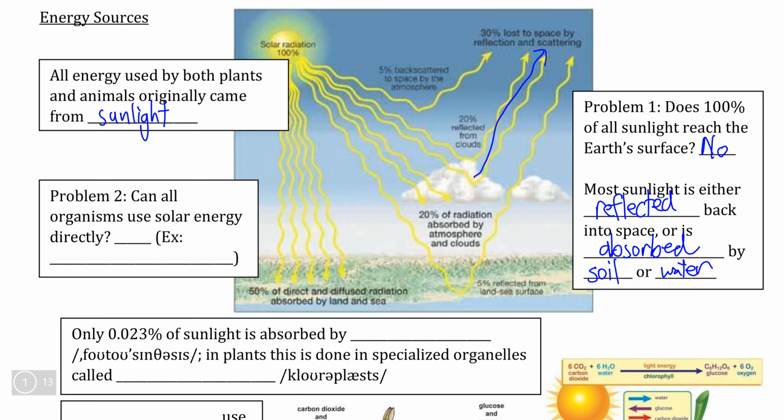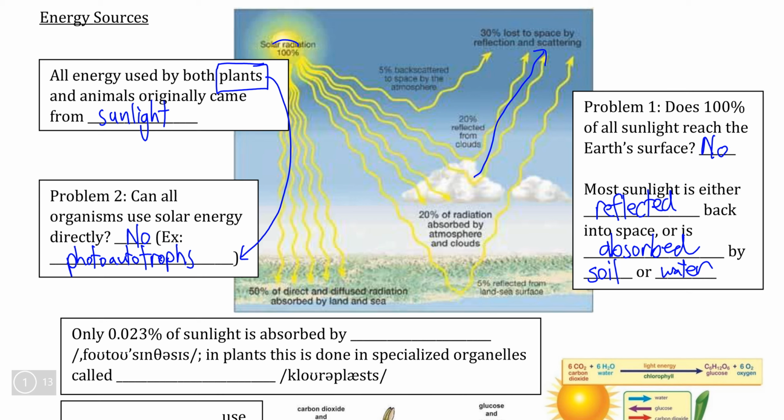Now, the second problem that we have to overcome is that while plants can absorb the energy from the sun, not all organisms directly can. In fact, the trophic group that plants belong to, the photoautotrophs, are the only organisms that can actually utilize sunlight directly.